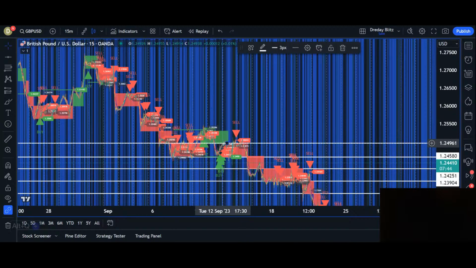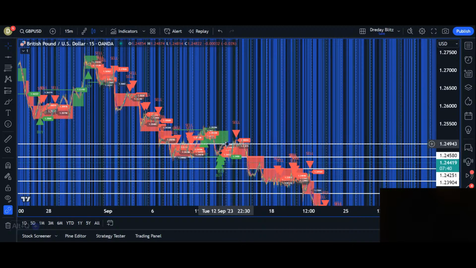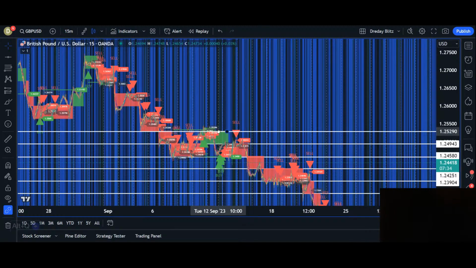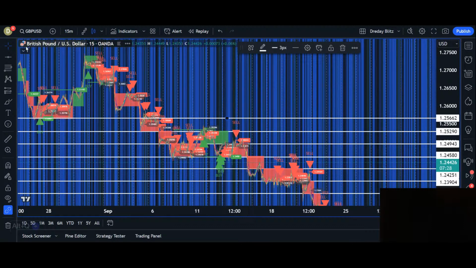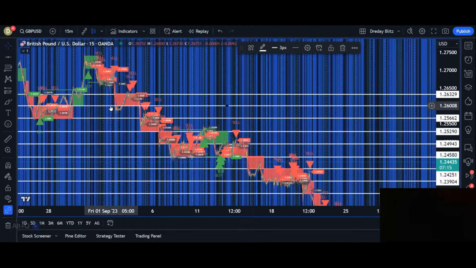Boom. Boom. Let's do a few more. We'll do it until the top of that move here, okay? So that way we know what we're looking at. So top, bottom.